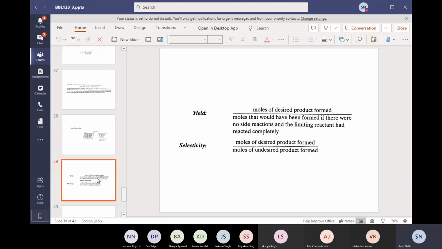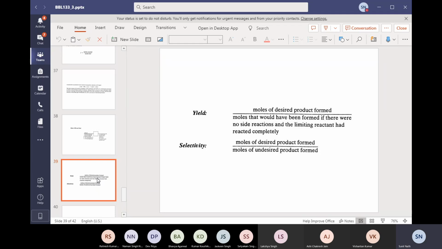So the problem now for us is, when we recycle to the fresh feed, we will form a combined feed. So should I define the yield based on the product formed and the feed which is combined and entering the reactor, or the fresh feed?